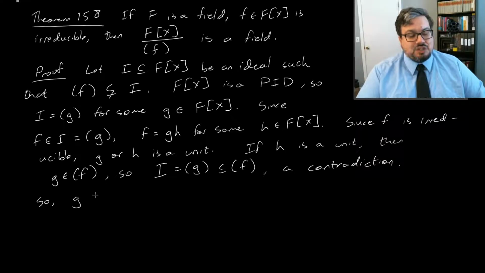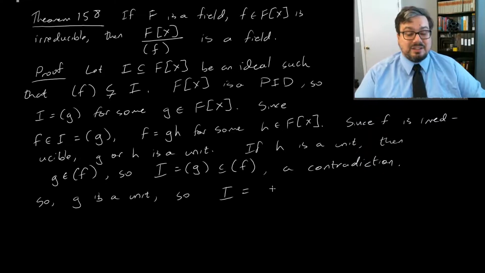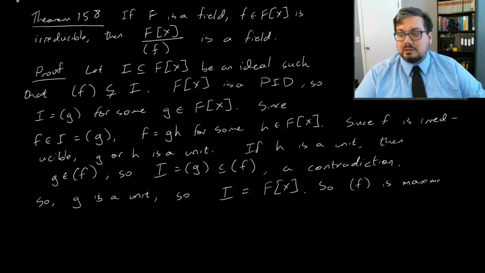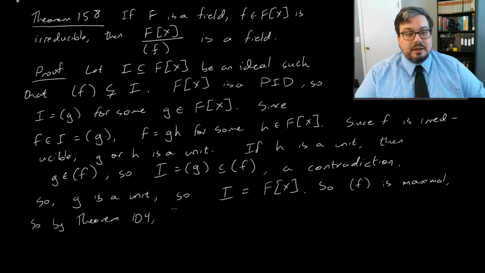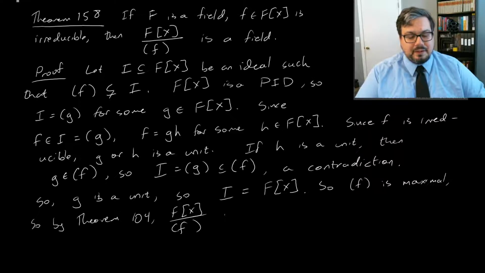So that means that g is a unit, and so I, which is an ideal containing a unit, has to be the whole ring. So in conclusion, the ideal generated by f is maximal. So by Theorem 104, F adjoin x mod f is a field.